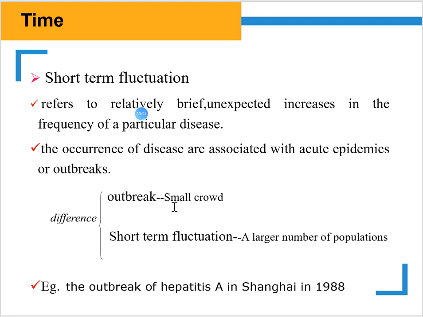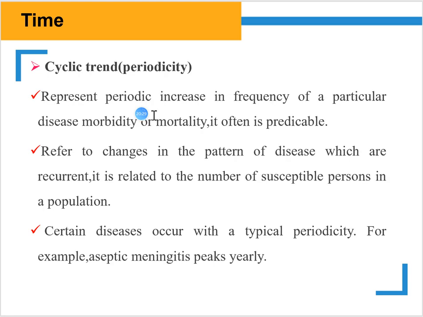Outbreak usually in small crowd of people. Short-term fluctuation usually in larger number of populations, such as the outbreak of hepatitis A in Shanghai in 1988.